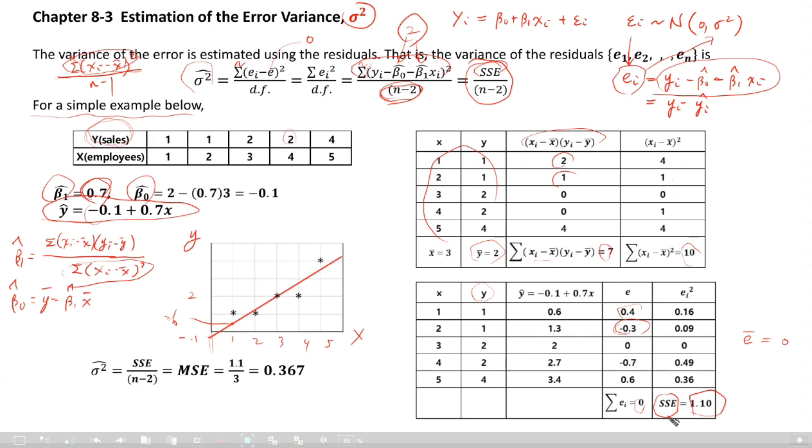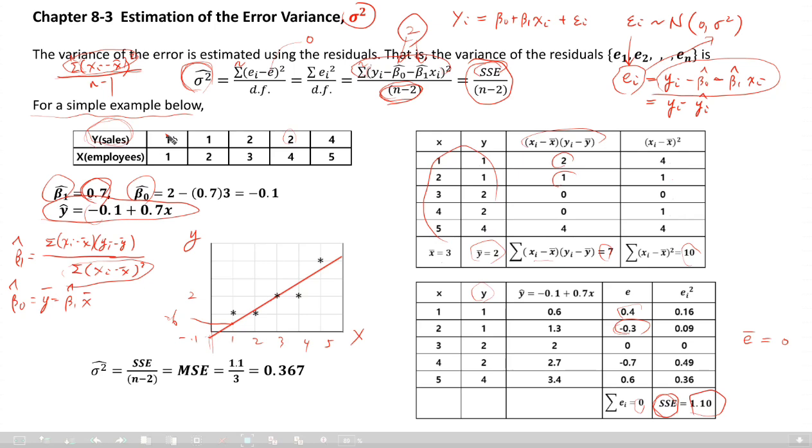This value, the sum of square 1.1, is the minimized residual sum of square. Understand that? I emphasize this because this value, the residual and the estimated variance, plays an important role in regression analysis.